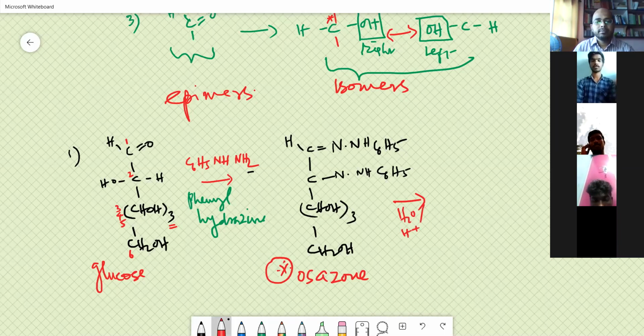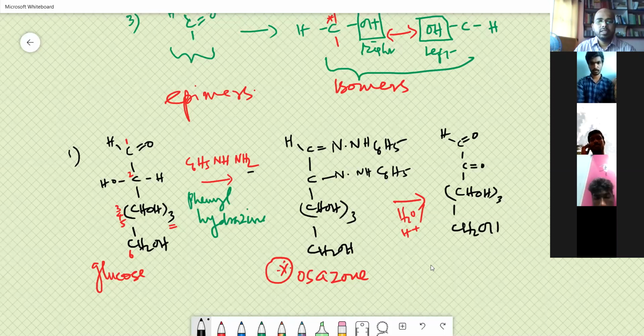So you get CHO, then CHOH three times, and then CH2OH. This is a simple hydrolysis reaction in which you lose the C6H5NH groups.